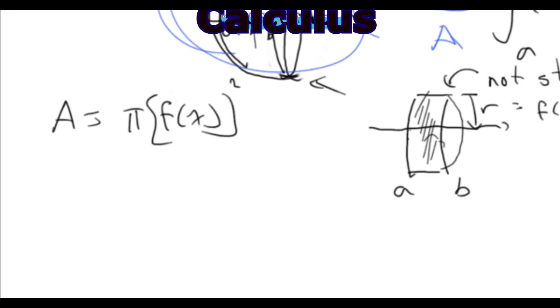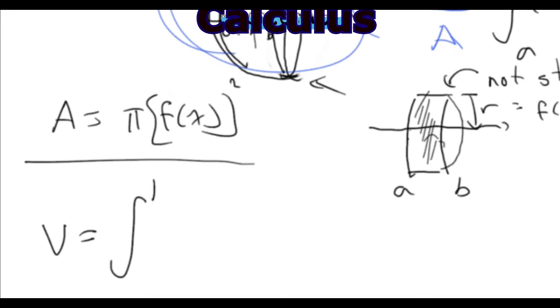Now, if we integrate this area, we get the volume of the disk, which is the integral from a to b of pi times f of x squared dx.